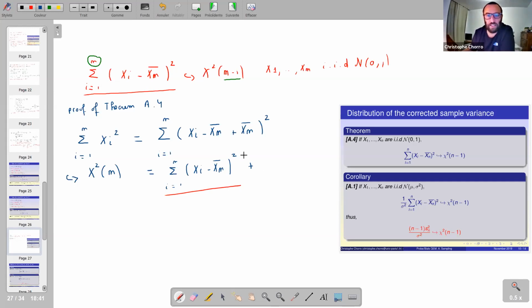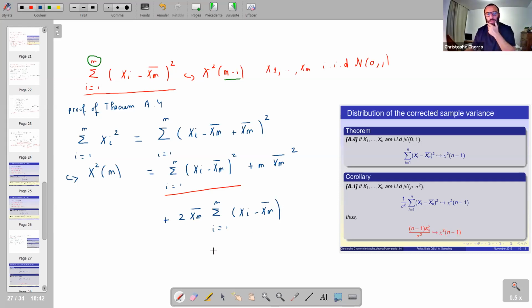So then I have the square of this term, but I have n elements in my sum here, so it is n times Xn overline squared. And plus, I have the double product here, that is 2 times Xn overline times the sum from i equal to 1 to n of (Xi minus Xn overline).